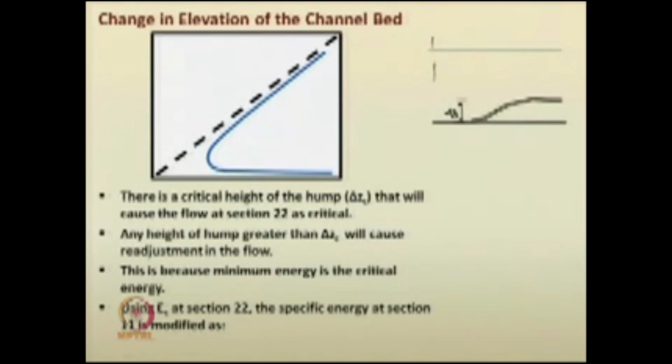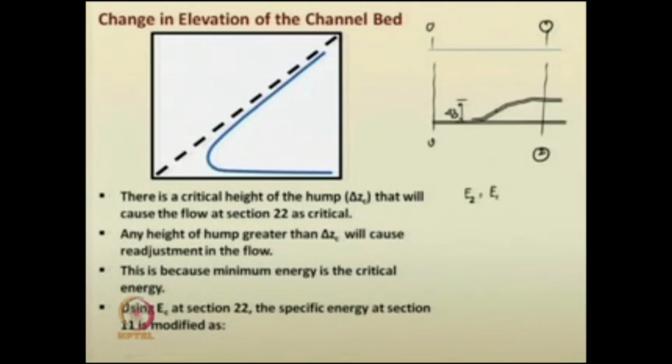So, again with the same thing, del z, this is section 1, section 2. So, you know that E2 is equal to E1 minus del z, that is the specific energy at section 2, E2 is nothing but E1 minus del z. What happens, that is there is a critical height of the jump. So, in this case, this is the location where the specific energy in that particular rectangular channel will be minimum.